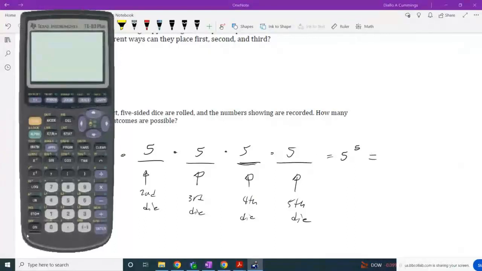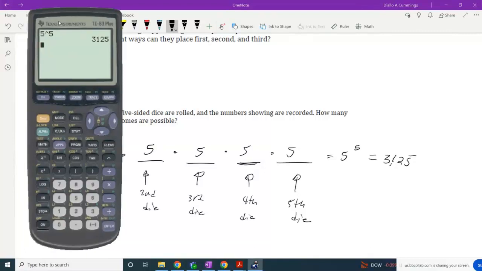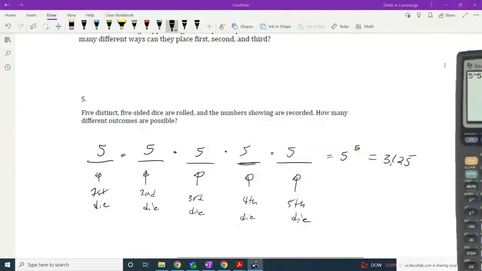But if you're using the calculator, right, I'm going to take 5 and I'm going to raise that with this caret or exponent key. We're going to raise that to the 5th power, and we have 3,125 different possible outcomes. All right, so any questions about 3 or 5?